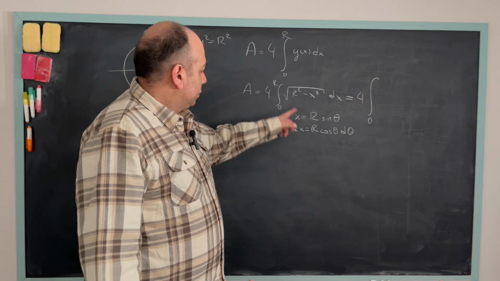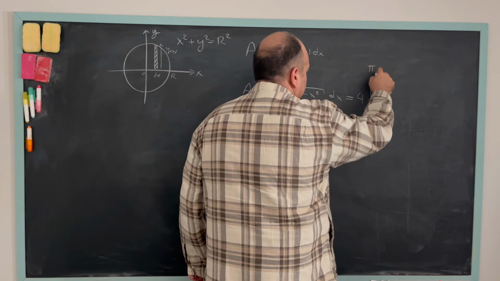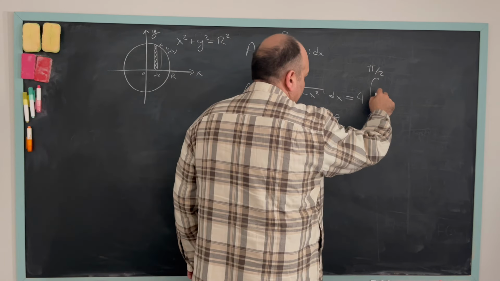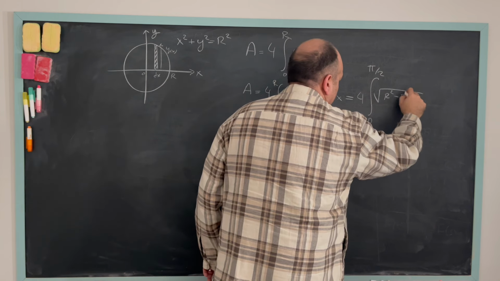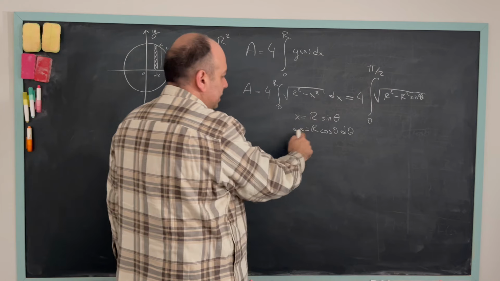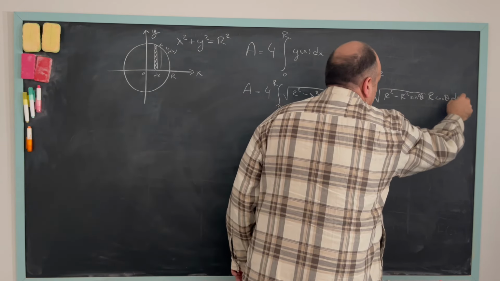When x is equal to r, theta is equal to pi over 2. Good. So over here, I'll have the square root of r squared minus r squared sine squared theta, and dx is equal to r cosine theta. So this is r cosine theta d theta.